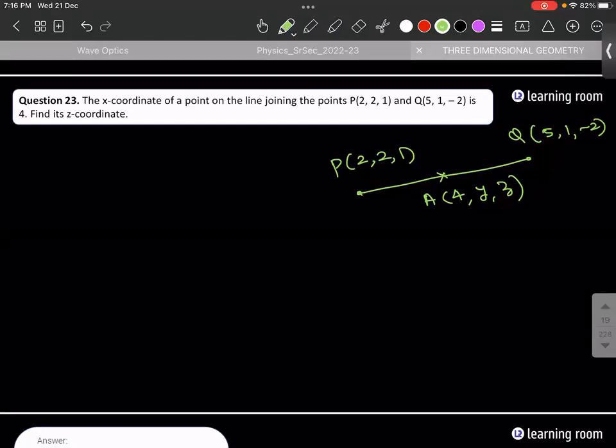Think in terms of direction cosines and direction ratios. Proportional. Direction ratios should be proportional, and direction cosines will be the same.